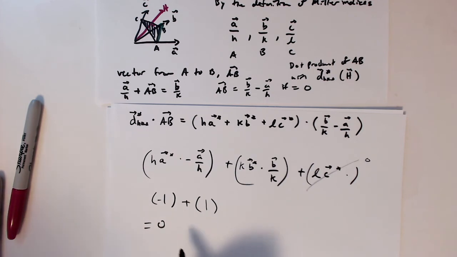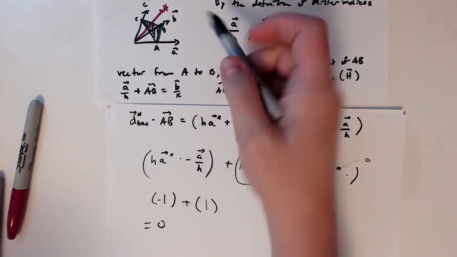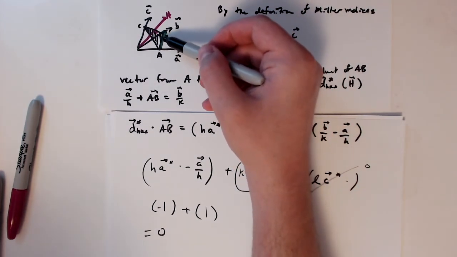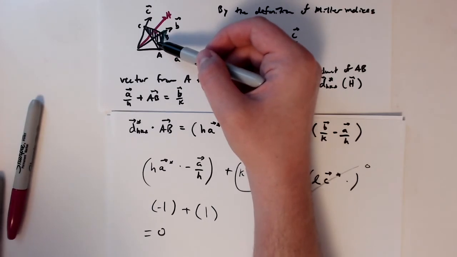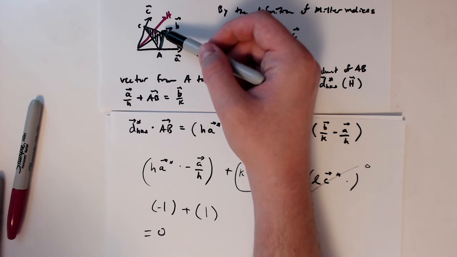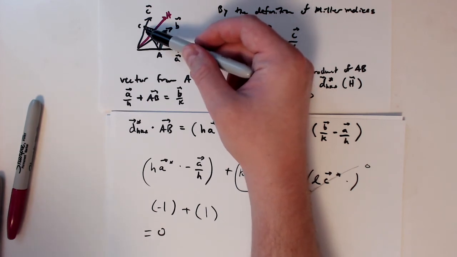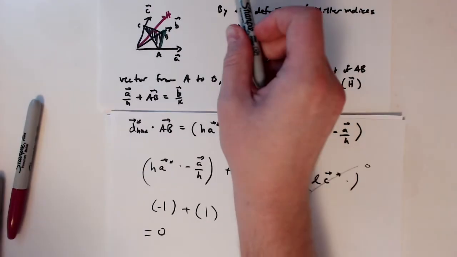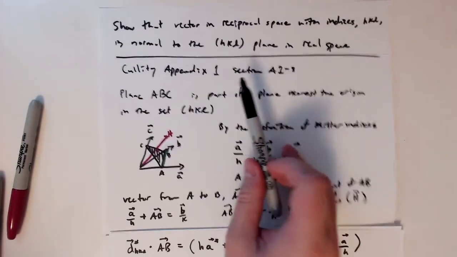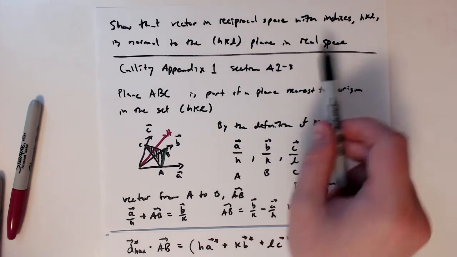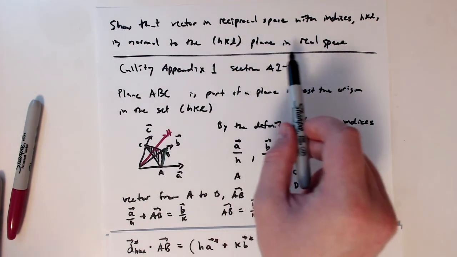And we've just shown that we have the dot product 0, meaning if we go back up to this figure, this vector on the plane ABC is normal to H, and therefore that would mean that the plane is normal to H. And therefore, if we go back to the original statement, we've shown that the vector in reciprocal space with those indices is always going to be normal to the HKL plane.